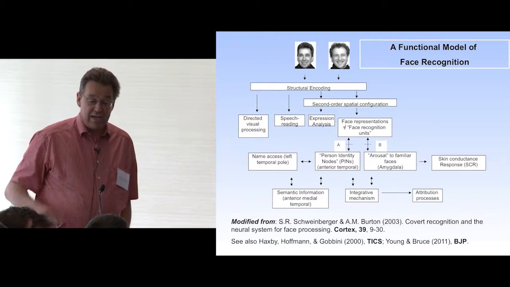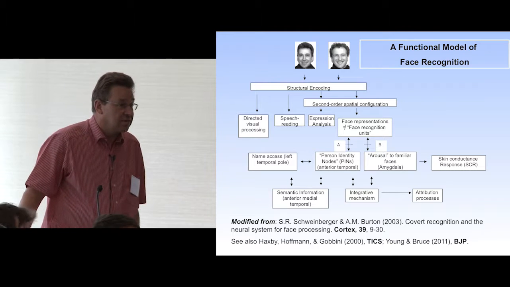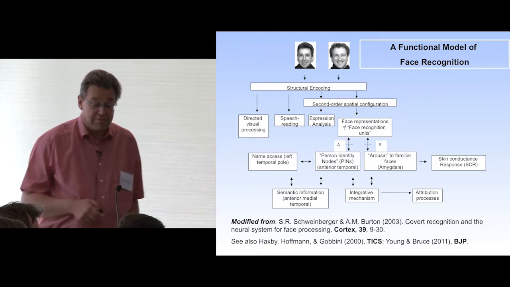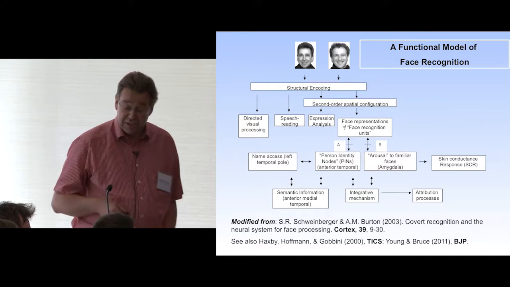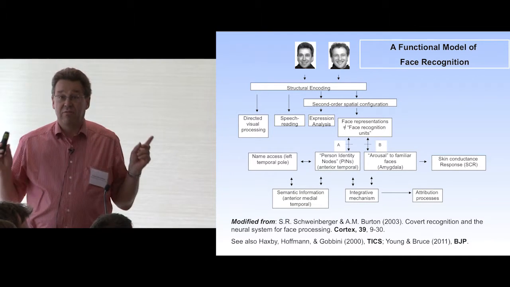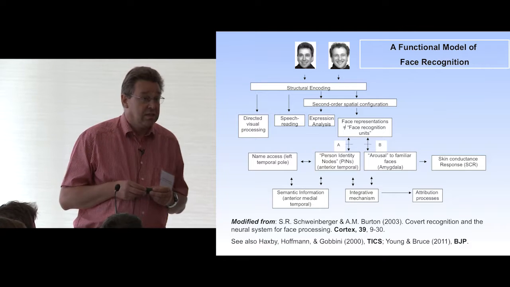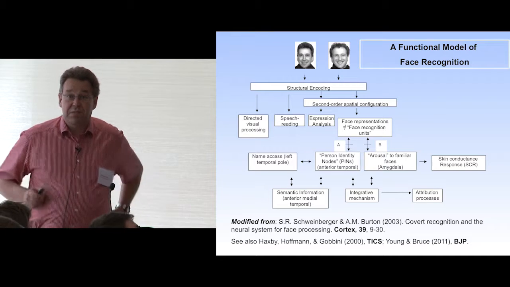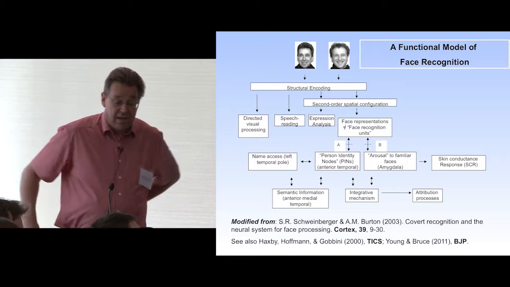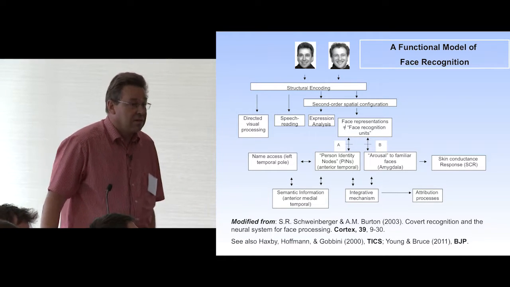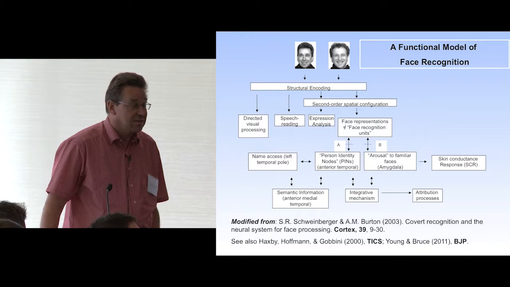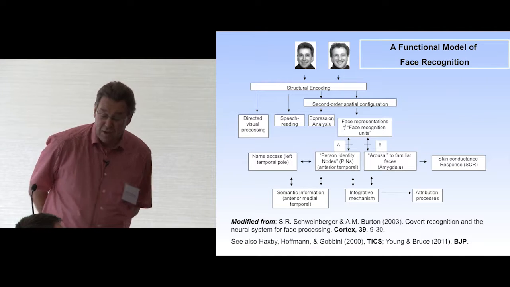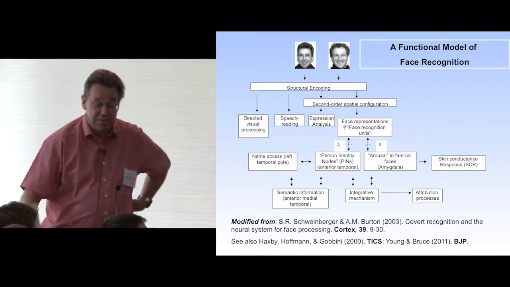And with that in mind, you would think that in order to understand the neurophysiological correlates of such a complex multi-component functional system, our general strategy should be to study a whole variety of ERP components and other neurophysiological phenomena, depending on which specific process we are interested in. And in my understanding, this has been a point in many subsequent models, also in the famous model by Jim Haxby and Ida Gobbini on the neural system of face perception.